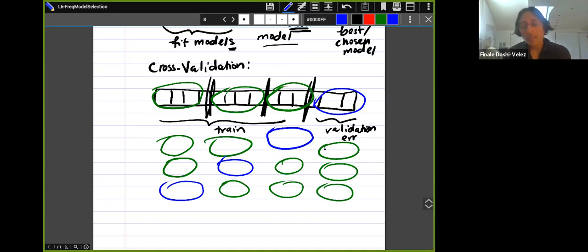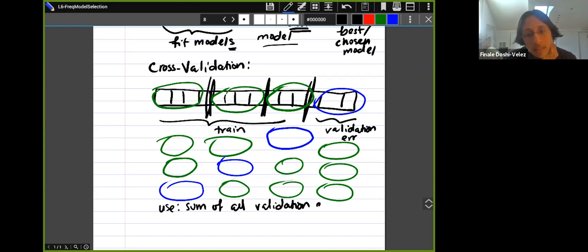And then for each model, I will use the average of these validation errors, or the sum of these validation errors, as my total error. So we're going to use the sum of all validation error on each model as its score of how good it is, of how well it generalizes.